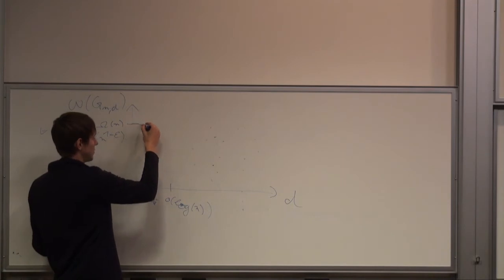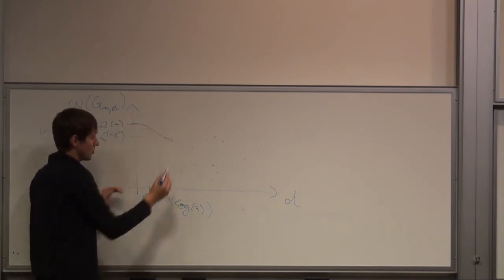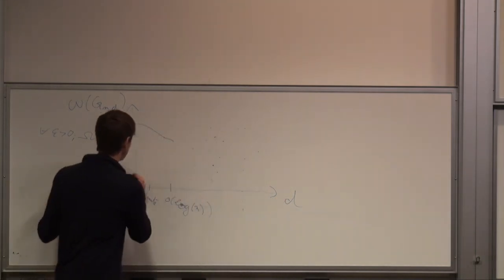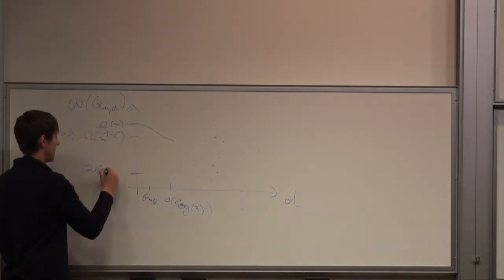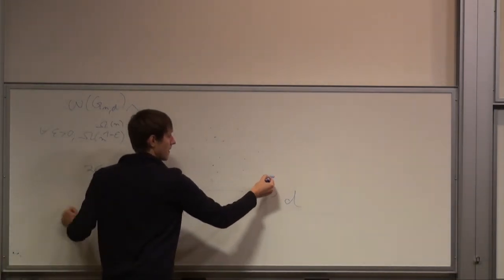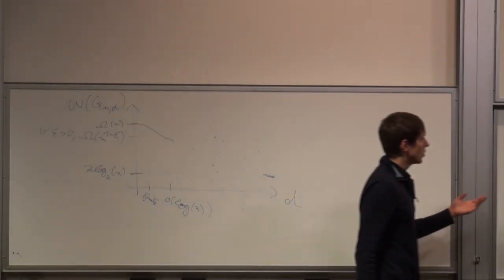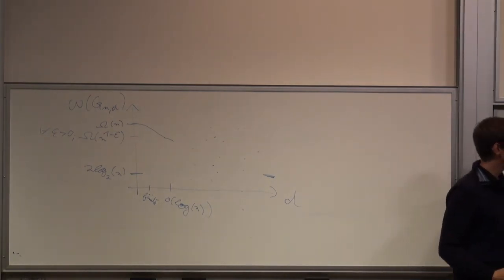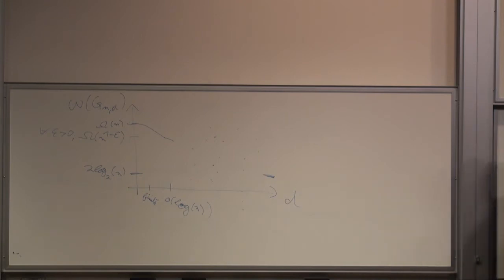Okay, so it goes like this. We know up to here, and then we know that at infinity it must be 2 log 2n. At the end it must go here. And actually, you have the central limit theorem, so you can look up the Berry-Esseen estimate, which will give you a rate of convergence for this.